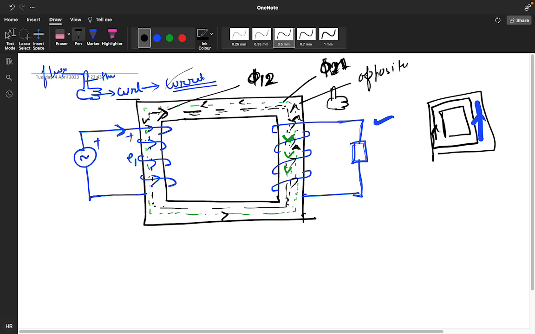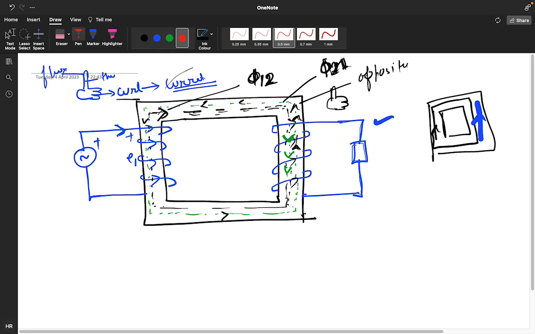You have a flux direction upside, so current will be this only. Are you getting it, or getting confused? Got it, sir. The magnetic field created by the first will be opposite to the first one, right? Yeah, exactly.